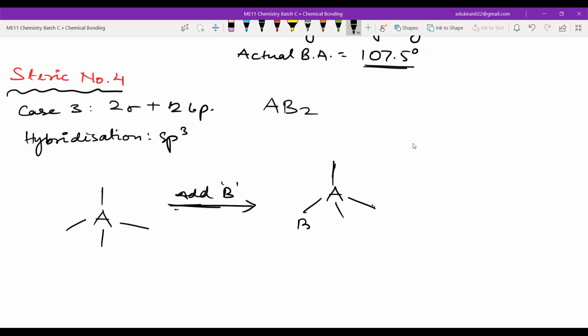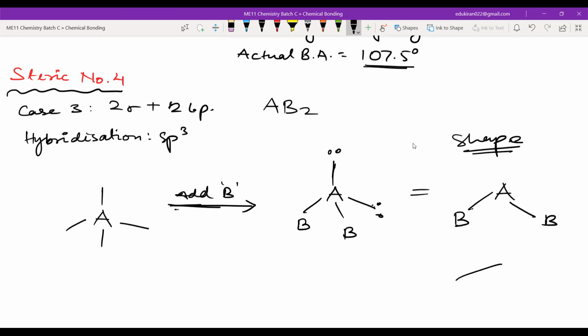So this will be B, and this is also B, and these are the lone pairs, right? Now, if I just look at the shape, then I have to make only the bonds, right? If I make the bonds like this, it is bent shape, right? This is bent, correct? Yes or no? This is bent shape.